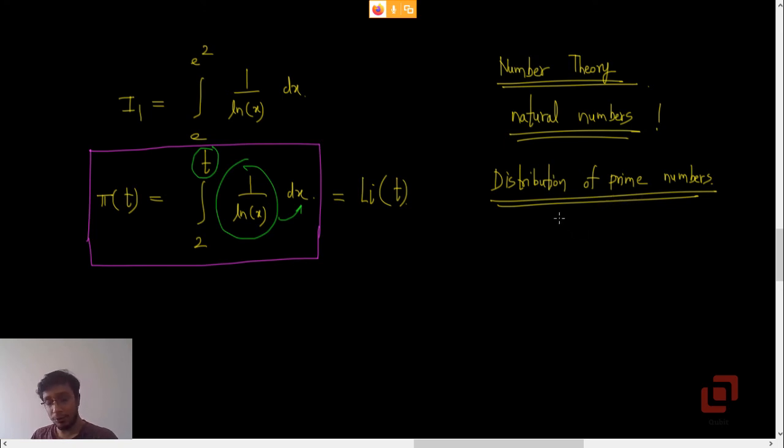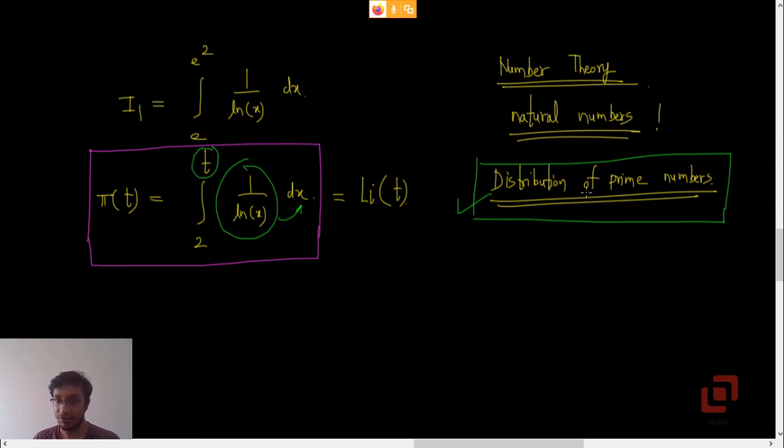Now the question of the distribution of prime numbers is so difficult that even at this stage, famous and very intelligent mathematicians all over the world are trying to crack it, how primes are distributed in the natural numbers. Now it has been proved, we call it the prime number theorem.